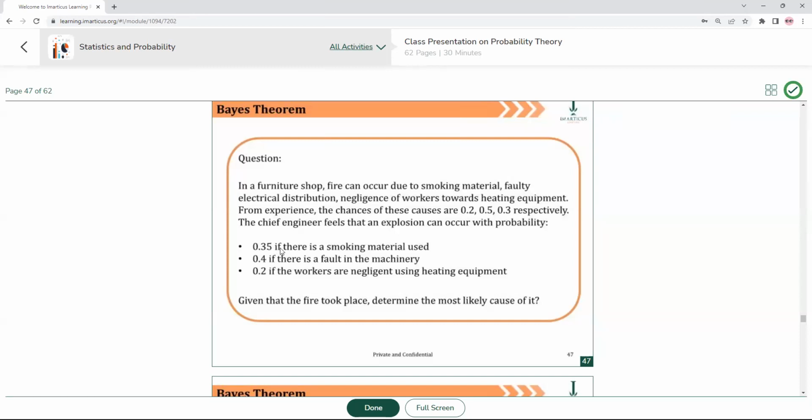Then 0.35 is the probability that a fire occurred if smoking material was the cause, 0.4 if machinery was faulty, and 0.2 if negligence with heating equipment occurred. So these are your conditional probabilities, these are your probabilities. Now you have to find out that a fire took place and which one of them could be the most likely cause which has caused the fire. Clear with this?